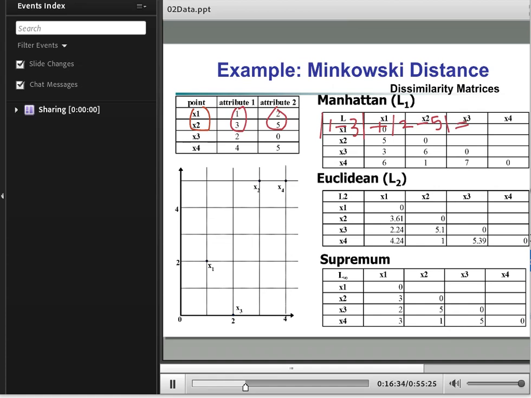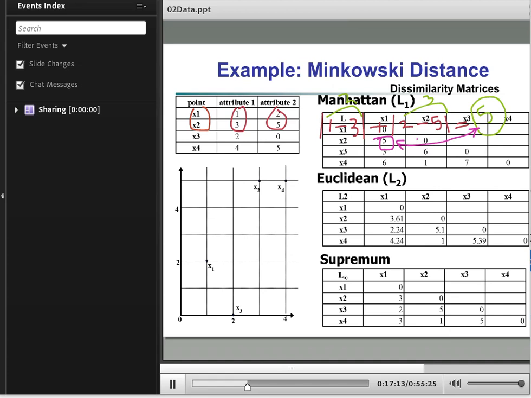If I calculate this, one is 2 and this one is 3, so the result is 5. The Manhattan distance between point x1 and point x2 is 5.